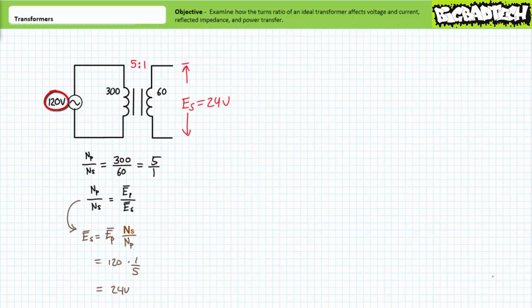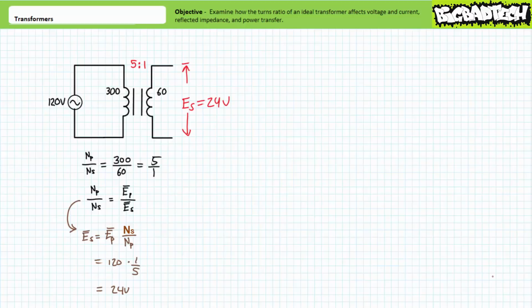If 120 volts was applied to the primary coil of this 5:1 step-down transformer, a simple algebraic rearrangement of our equation demonstrates that 24 volts would be developed across the secondary winding. As we'd expect, the output voltage is 1/5 of the input voltage for a 5:1 step-down transformer.